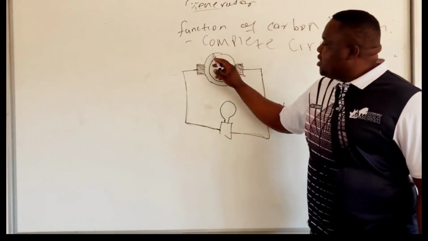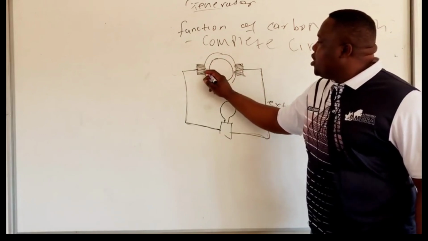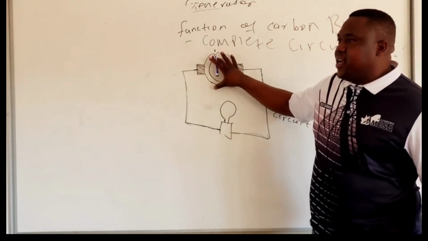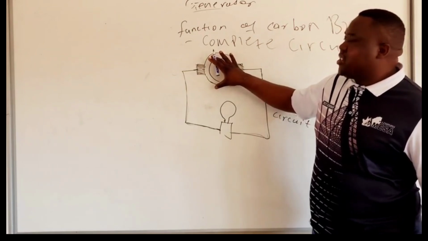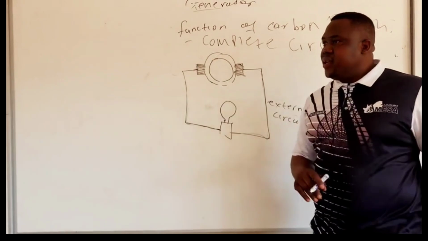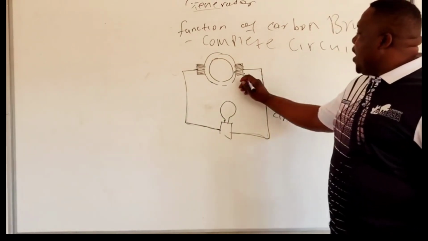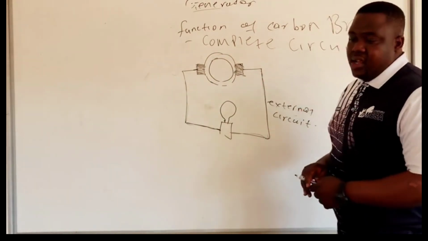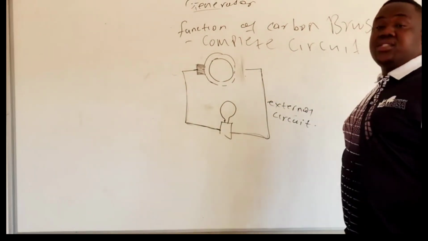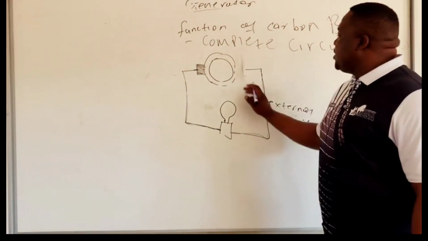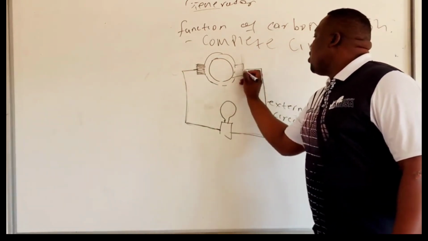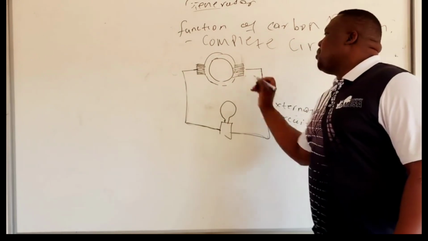Because there is electrical current which is going to move from the internal part of the circuit, the turning coil, to the outer part of the circuit. So the work of this thing is to complete the circuit. If we were to remove a carbon brush, the circuit would become incomplete, and we know that current cannot move in an incomplete circuit. So we have got the what? The carbon brush.